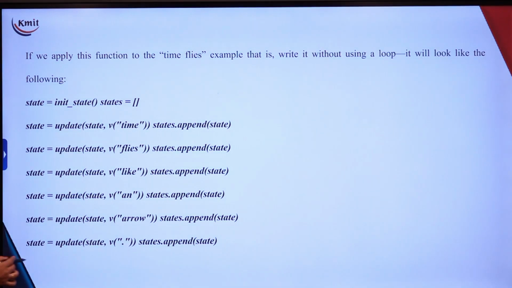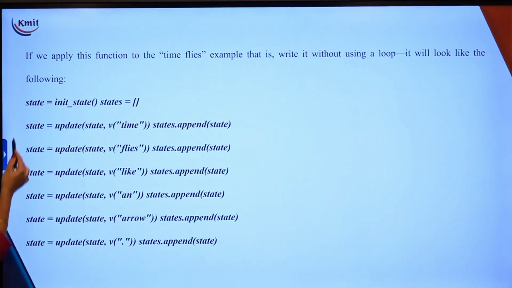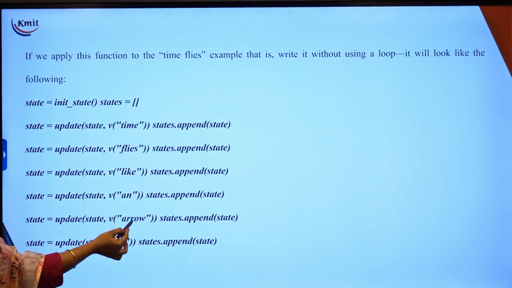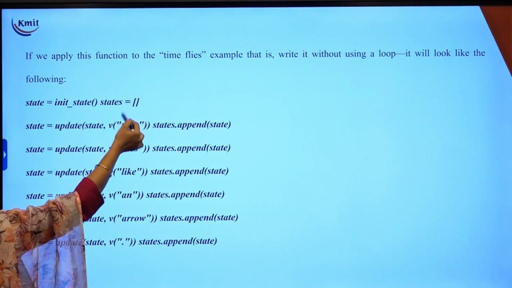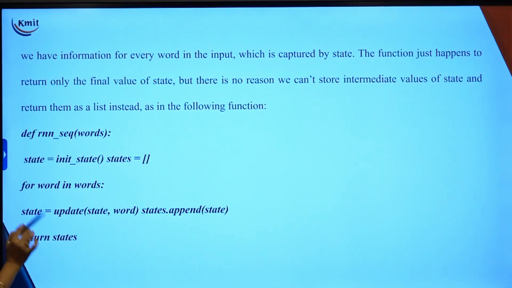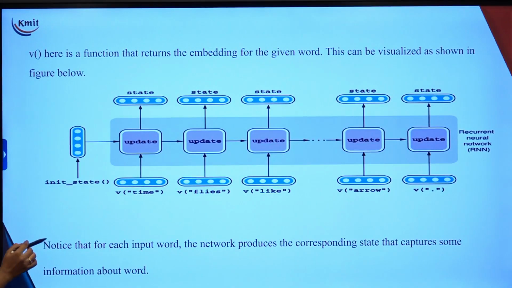Here I am using a loop, for word in words. If you don't want to use the loop, we write the state of "time flies like an arrow". For each and every word I am appending a state such that the POS tag of each and every word would be generated. This is without the loop and this is with the loop. So this is how we define an RNN function for implementing our sequential labeling task.